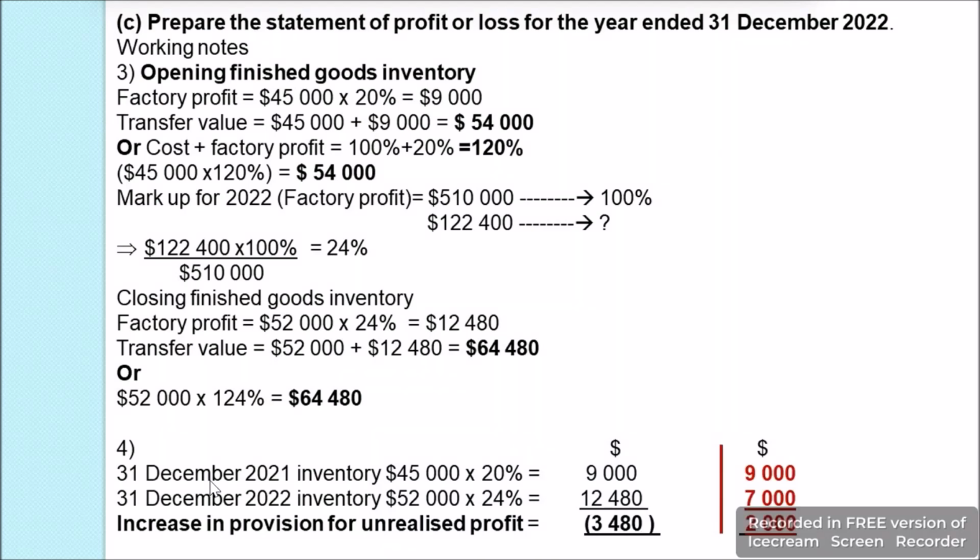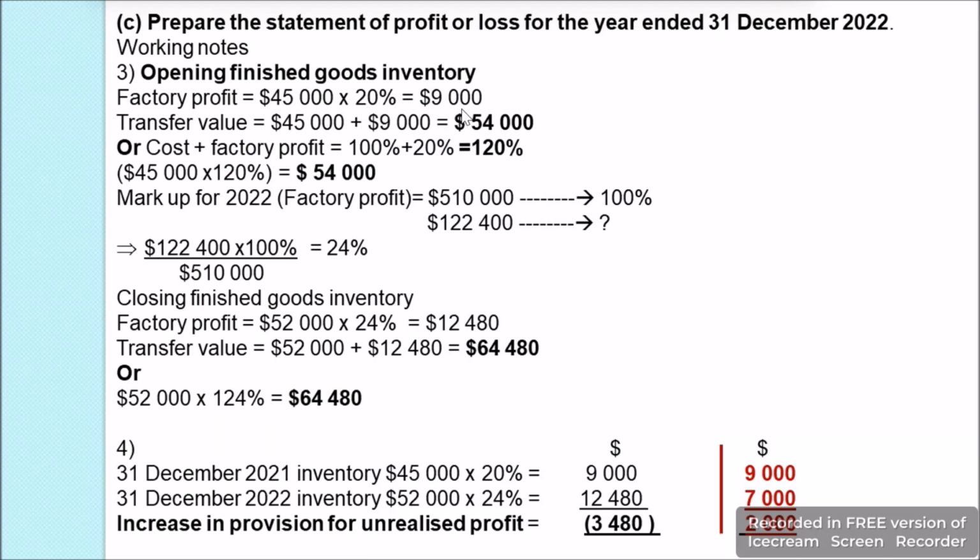Now let's discuss the provision for unrealized profit. You see at 31st December 2021, that is on 1st of Jan 2022, where we will bring down this balance, the opening balance for the finished goods inventory, the value which was given at cost was $45,000. And to this we have added the markup or the factory profit percentage.